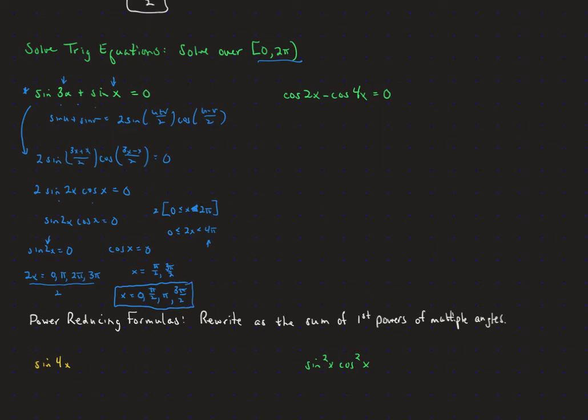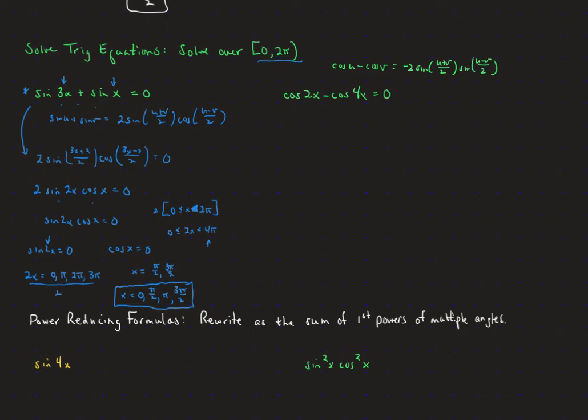Okay? Let's try it with this cosine minus a cosine. So our sum to product formulas say that the cosine of u minus the cosine of v, that's our last formula on the bottom there, is negative 2 sine of (u plus v) divided by 2 times the sine of (u minus v) divided by 2.